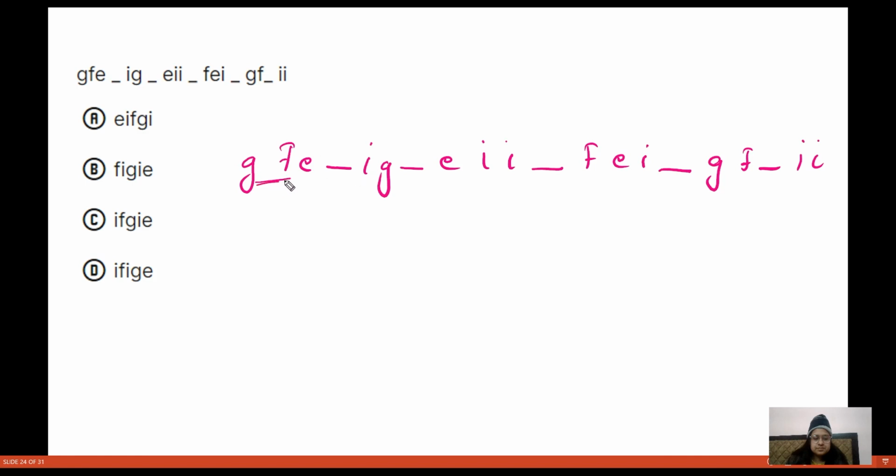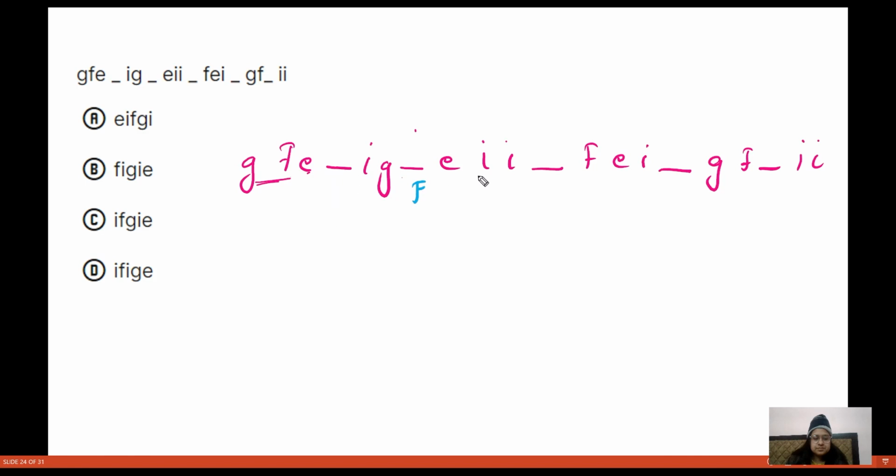So if I am getting GFE here, and also GFE here, because I am able to notice, I don't have to check. I'll put F here.